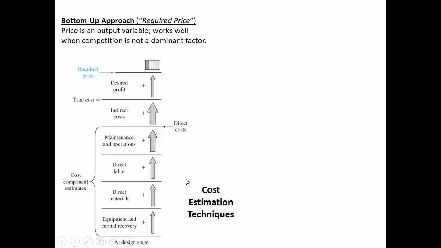In cost estimation, there are two competing methods for identifying how much a cost is going to be. And when I was just talking about the painters, the painter that I selected did what's called a bottom-up approach.